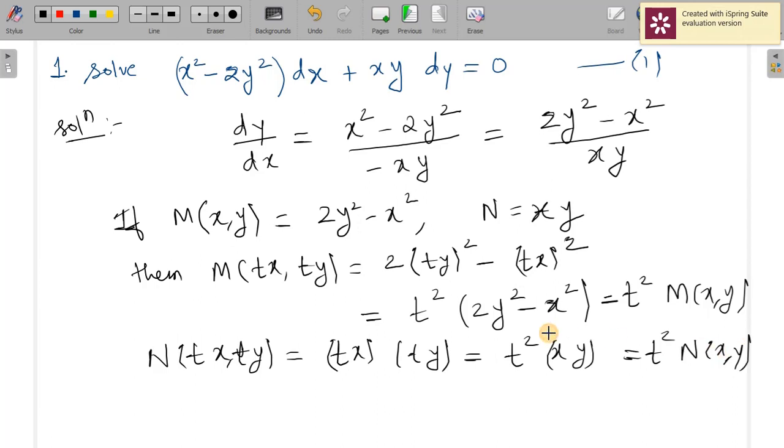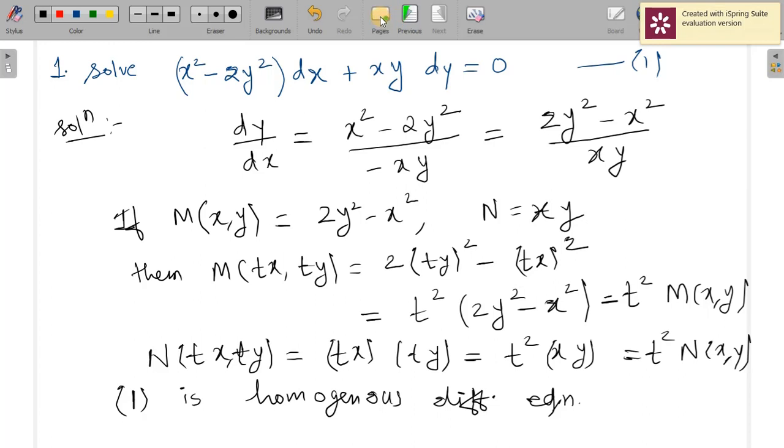So M and N are homogeneous of the same degree 2, and so I can say that 1 is homogeneous. Once it is a homogeneous differential equation, we can solve it using the technique which we have seen.